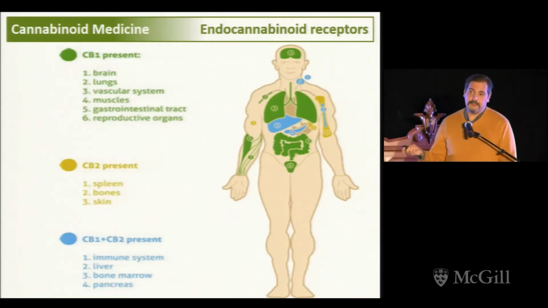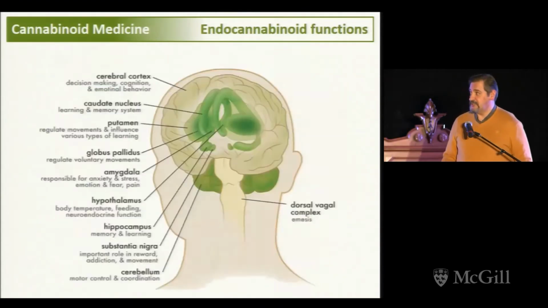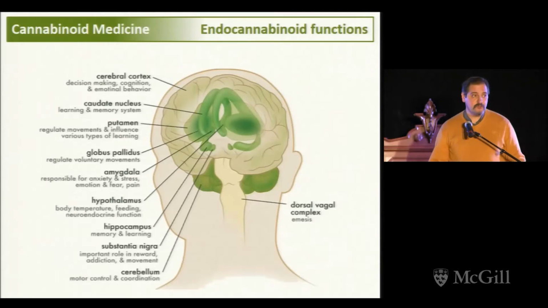But where these receptors are placed shows what type of actions they are causing. And we know very well that the main effect of cannabinoids on our body functions, which by the way are crucial, is in matters related to the nervous system, in functions like decision-making, cognition, emotional reactions, memory, but also other functions like, for example, temperature regulation.